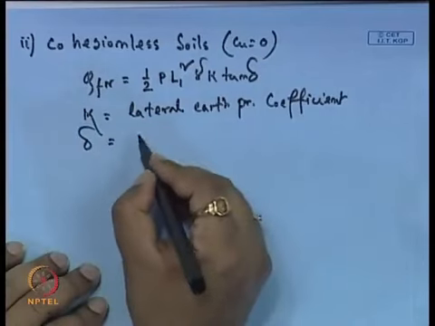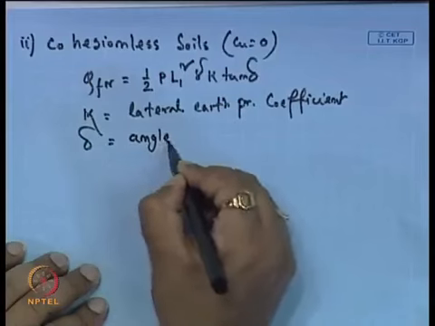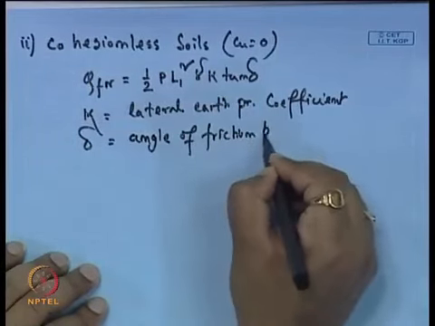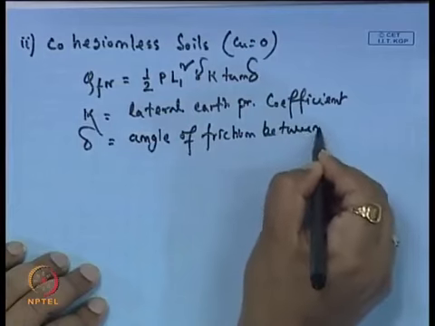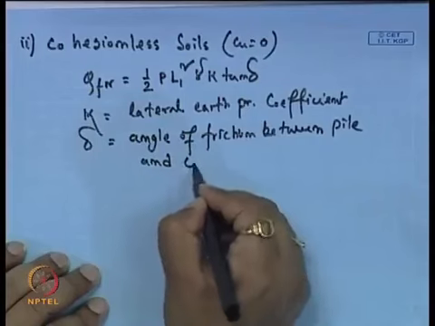delta is the angle of friction between the pile and that compressible soil.